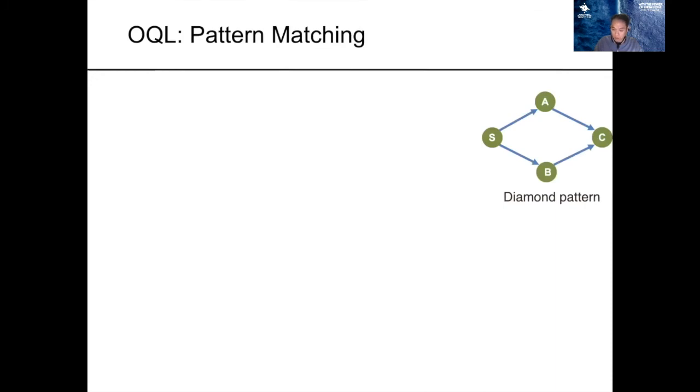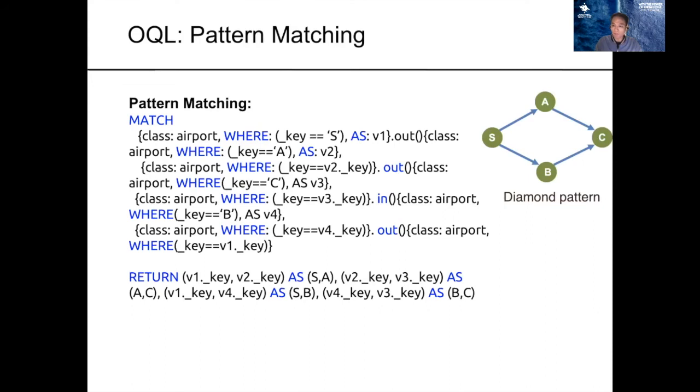As we discussed before, the diamond pattern can also be written in OQL, right? In the match clause here, we have four edge patterns.